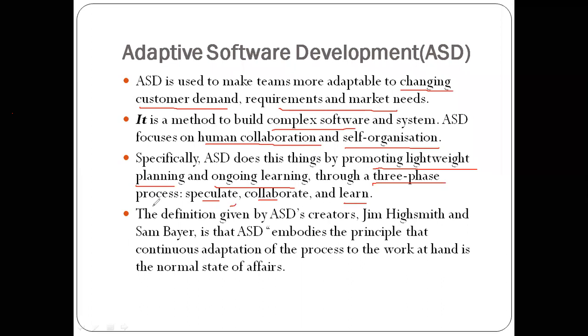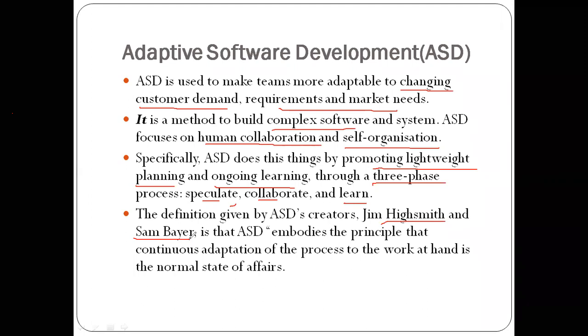Coming to the next point, the ASD was defined by its creators, Jim Highsmith and Sam Bayer. These are the two members who developed this ASD methodology. Not only these two, it was also the team members. These are the main persons in the team.